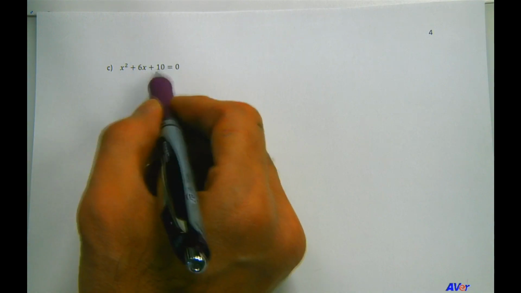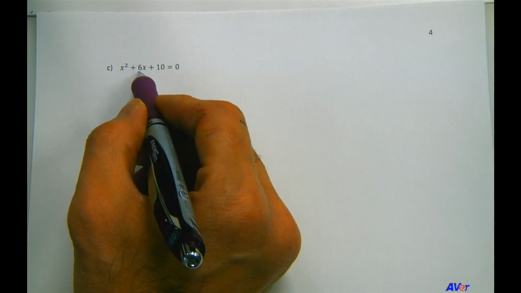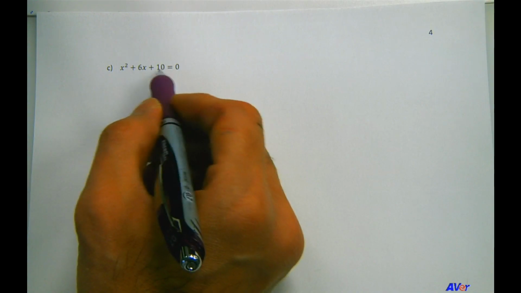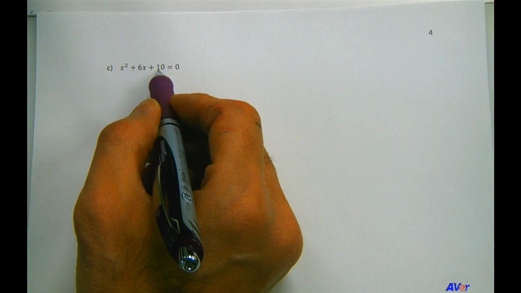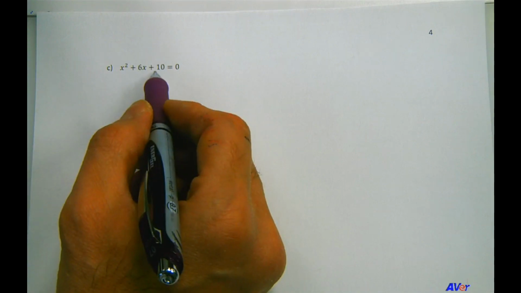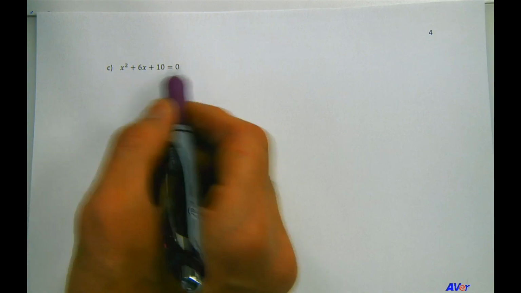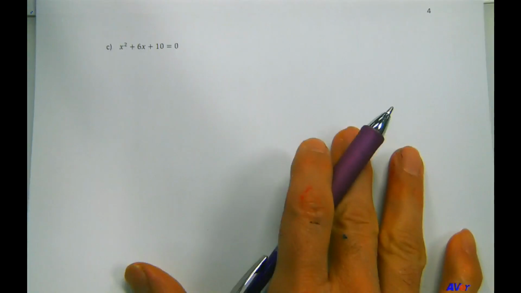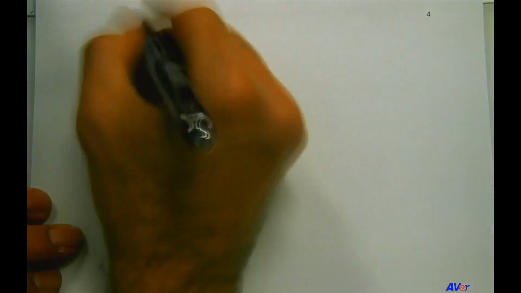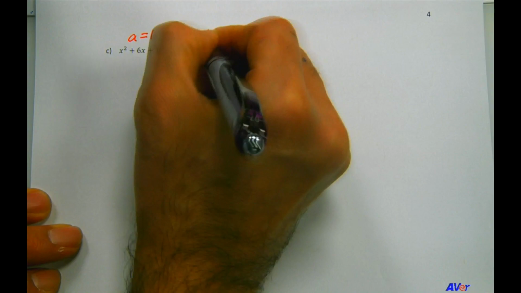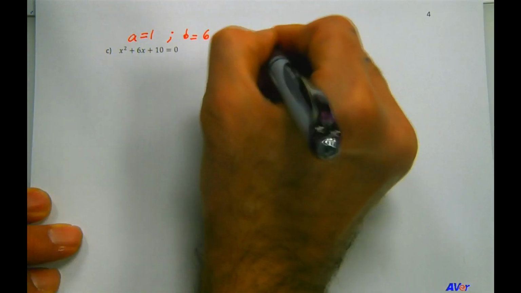So there's no way 10 and 1 can add up to 6. How about 2 and 5? Well, 2 and 5 multiply to 10, but can we add or subtract those two numbers in any way and get 6? No. Okay, so it's not possible to factor this. So in that case, we have to use the quadratic formula. A is equal to 1, B is equal to 6, and C is equal to 10.